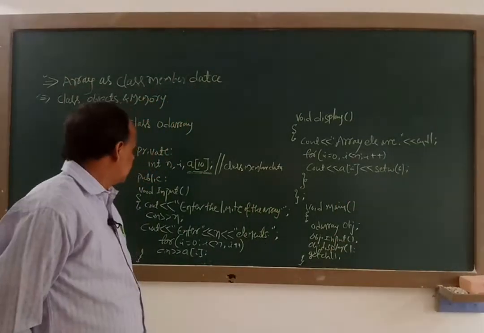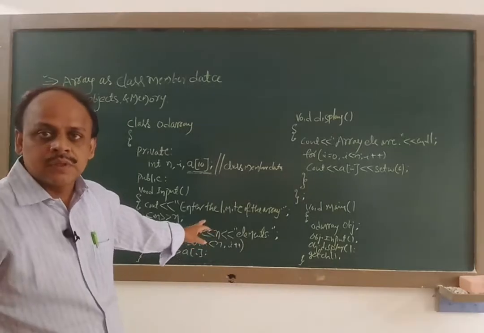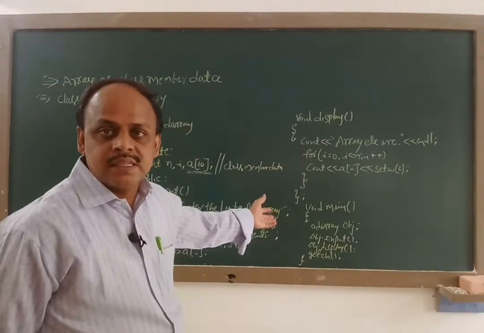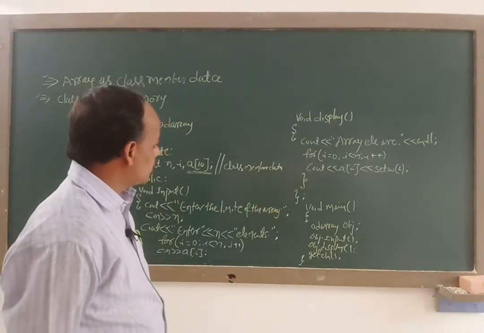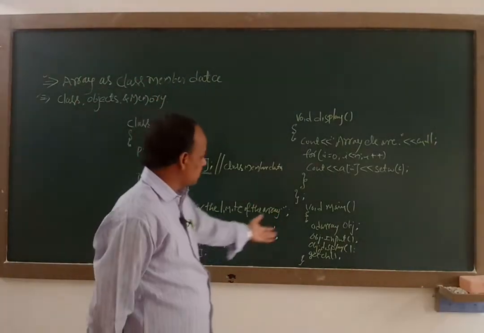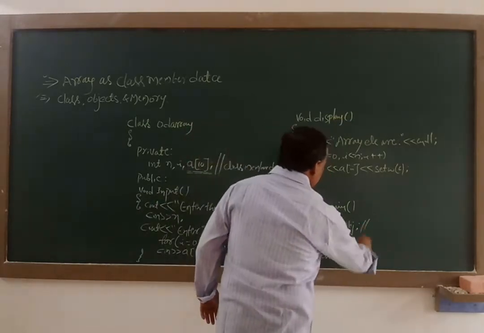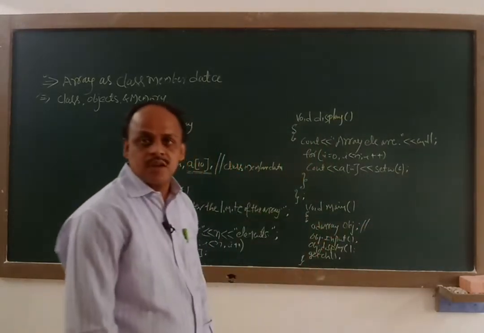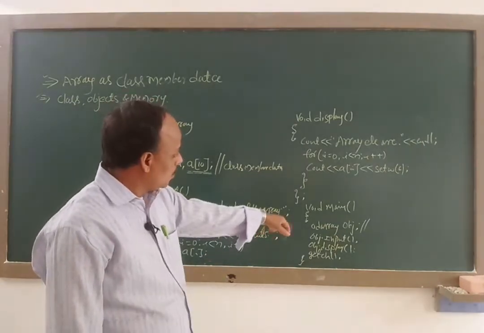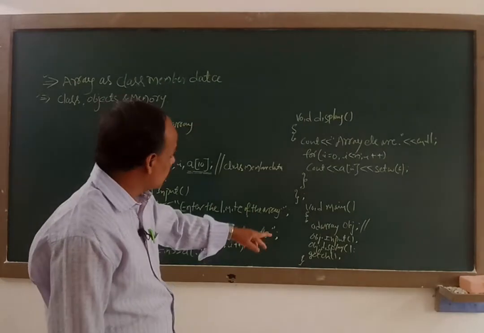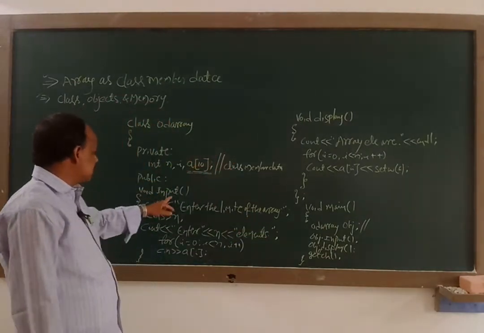So just observe here, I am going to explain how it is going to be executed. As usual, execution starts from the main function. First step, object declaration is done here, meaning obj as an object of class OD array. Next, obj dot input function, so the cursor comes to the input function.